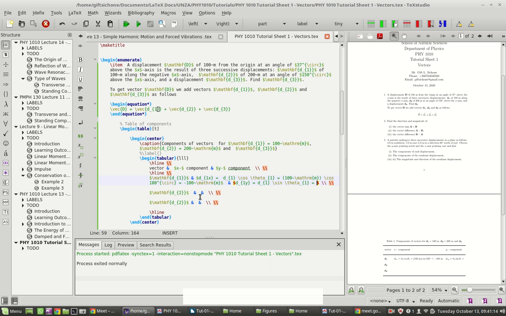So next thing is the magnitude of vector d1. What is the size of vector d1? 100 meters. And the angle is how much? 180.